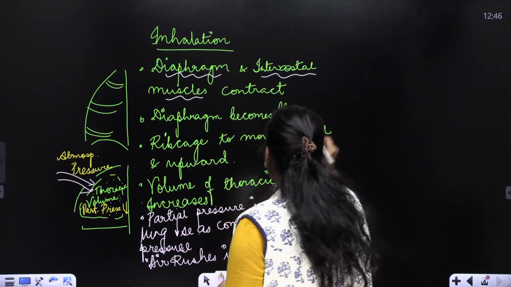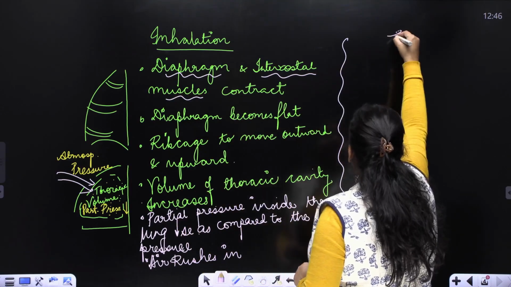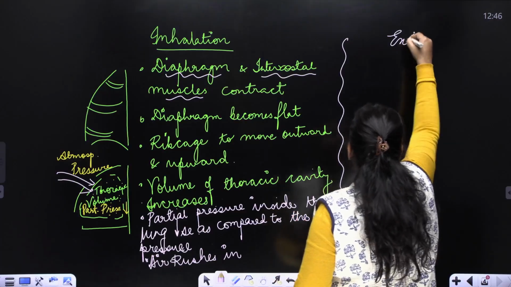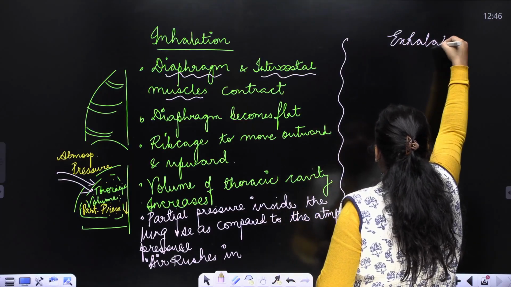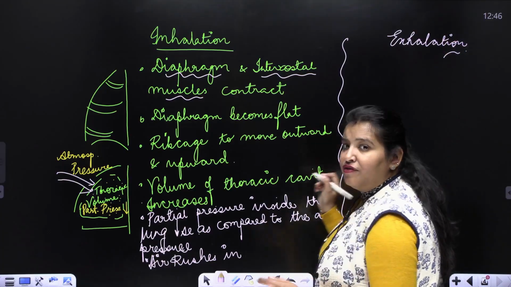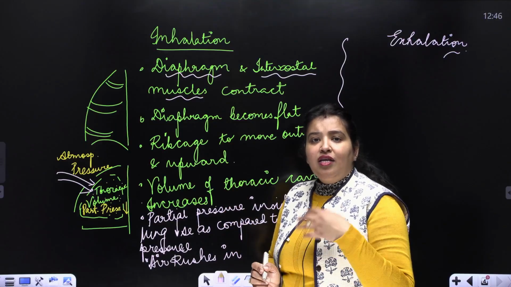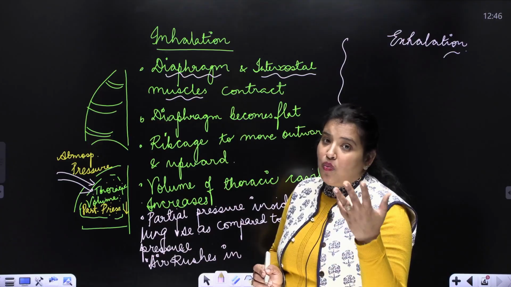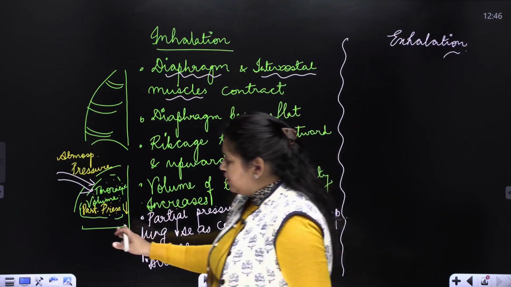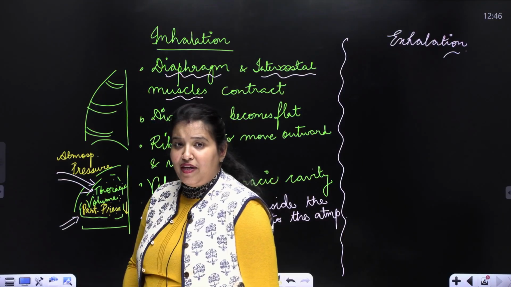Clear? Now, when I say exhalation, exhalation is the exact opposite of inhalation. Exhalation means what? Giving out of air. So, why will air be given out? Now, see, this is the condition after inhalation has taken place.